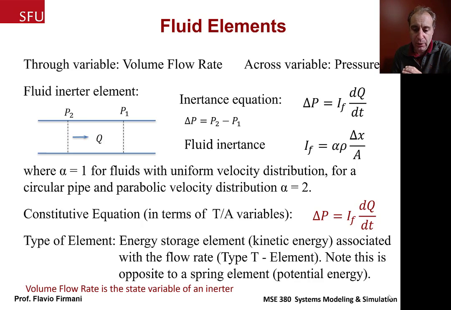In general, we're going to have a long pipe where when we modify the flow that is happening within that pipe, there is going to be an increase in pressure. And that increase in pressure can affect our system.